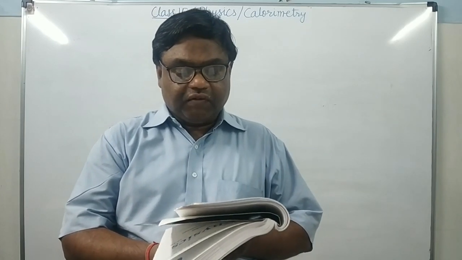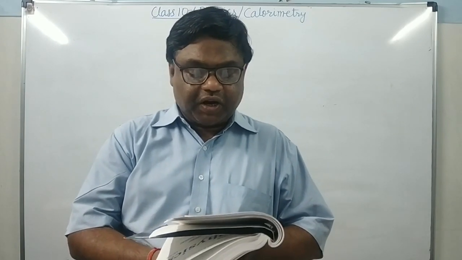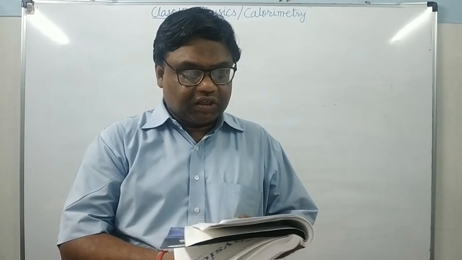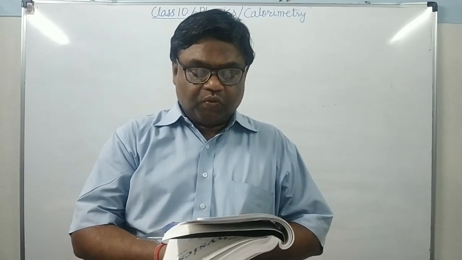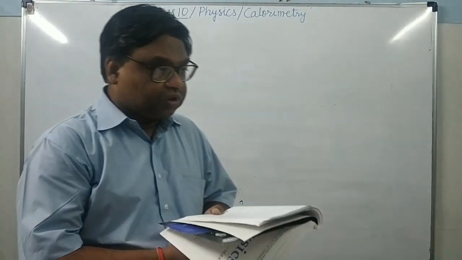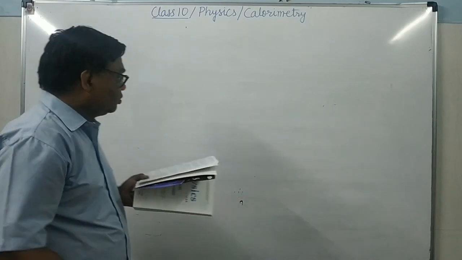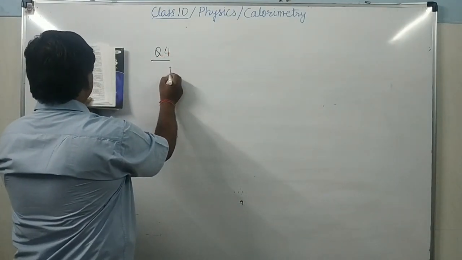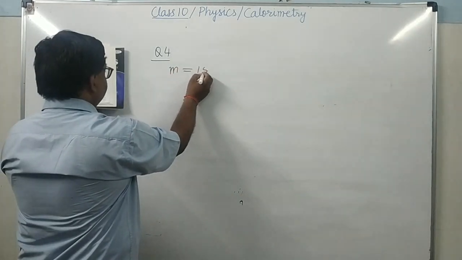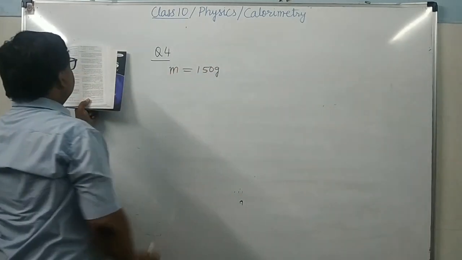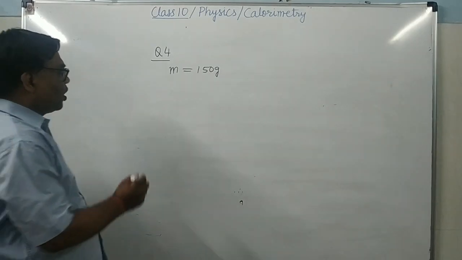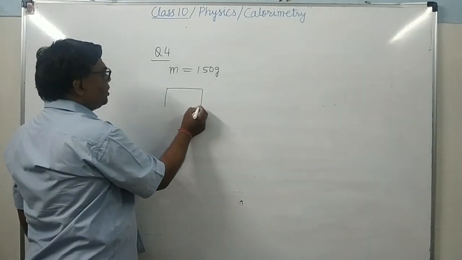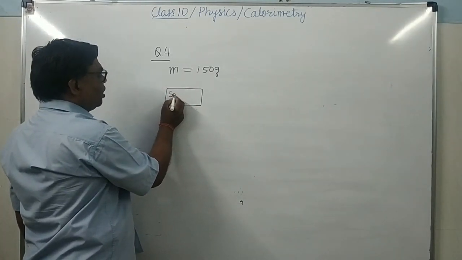The time taken for it to completely melt at the same temperature is 4 minutes. What is the SLH of fusion of metal? So you see question number 4 here. Mass is given 150 gram. It melts at its melting point, solid metal.